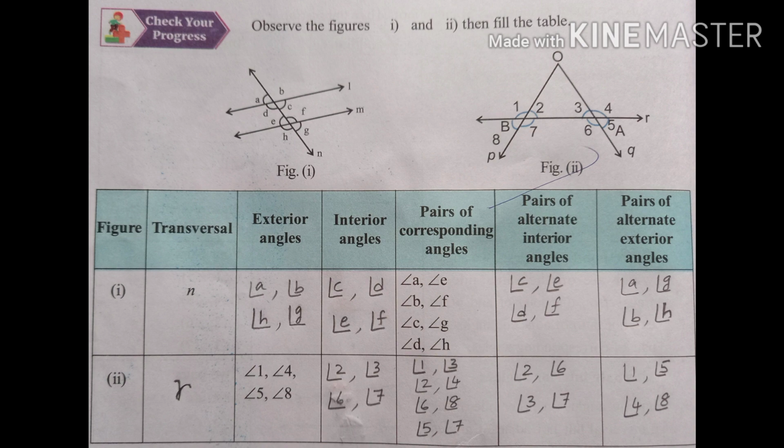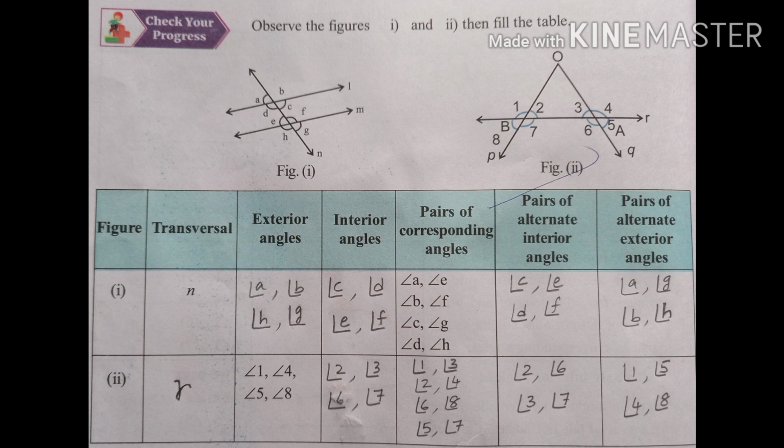Pair of corresponding angles. Corresponding angle means same side of the transversal. The angles have to lie on the same side of the transversal, and one is exterior and another one is interior. That are angle 1, angle 3, angle 2, angle 4, angle 6, angle 8, angle 5 and angle 7.